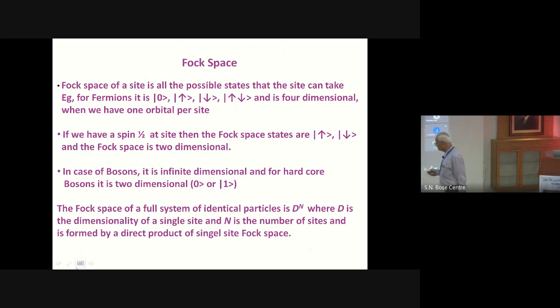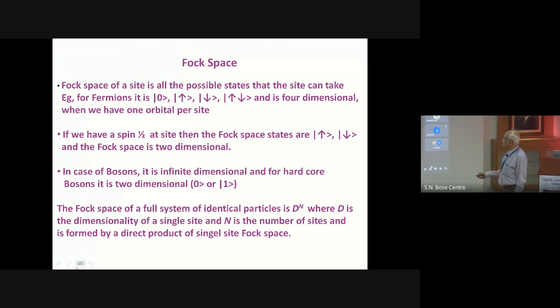Well, if you look at an orbital, a Fock space is one that considers all possible occupations of a particular sign. For fermions, if you have one orbital, it can be unoccupied, occupied with an up electron, occupied with a down electron, or doubly occupied. And it's 4 dimensional. If you have a spin half, then it's only up or down.